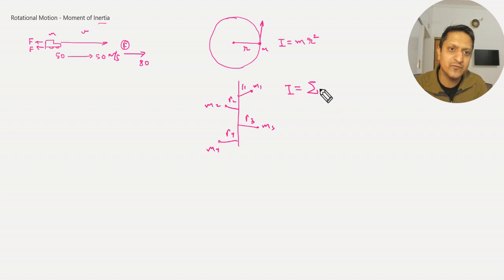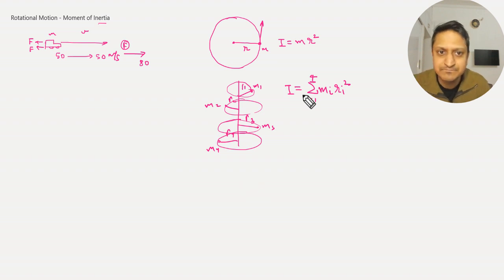It is a summation of mi ri square, where i is from 1 to 4. So we add all the inertias together and we get the net inertia of the whole system.